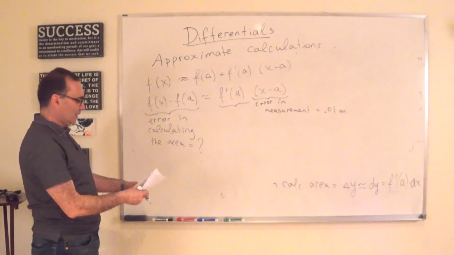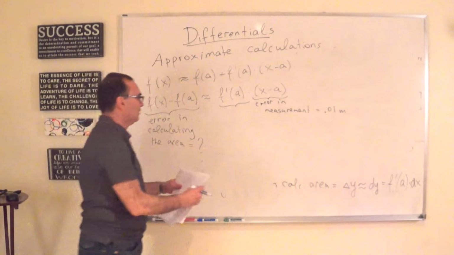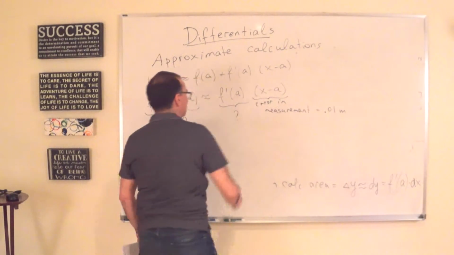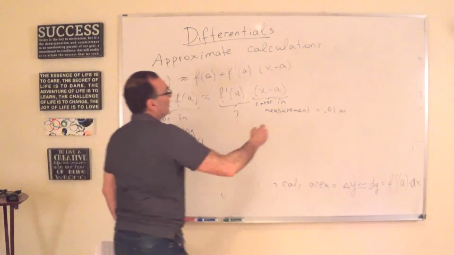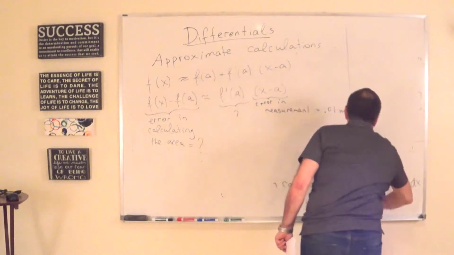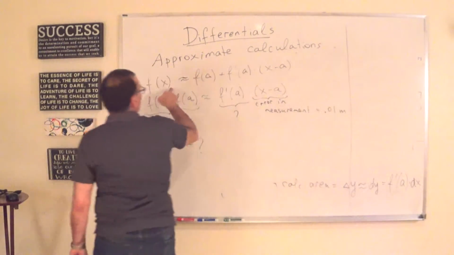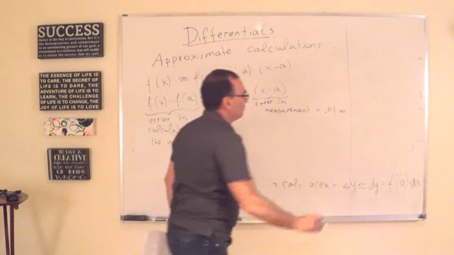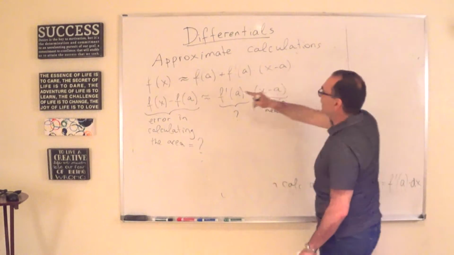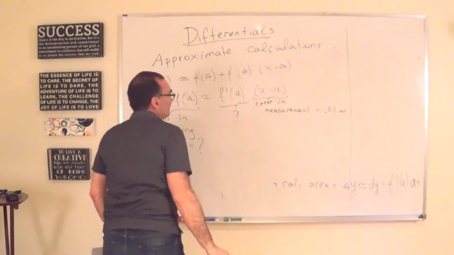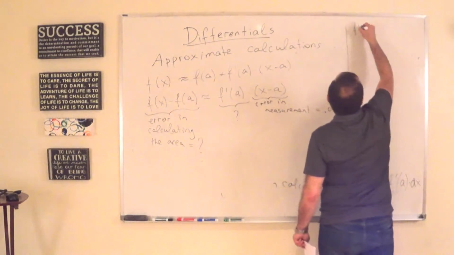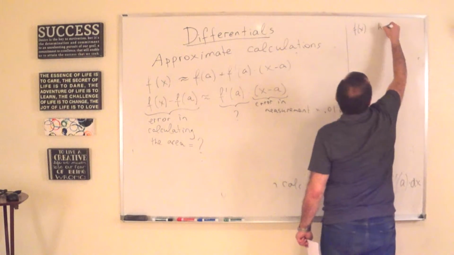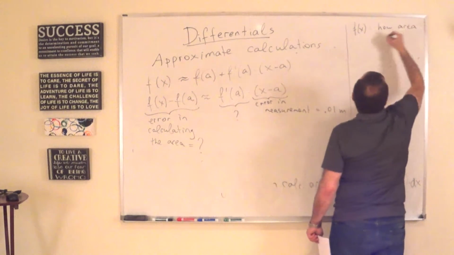In order to calculate f prime of a, first of all, what is f of x here? f of x is the formula, how area depends on the radius.